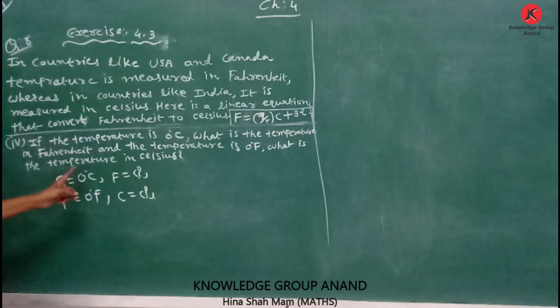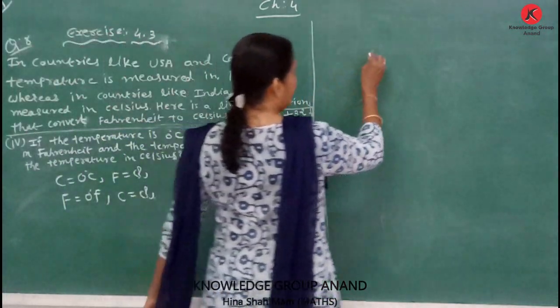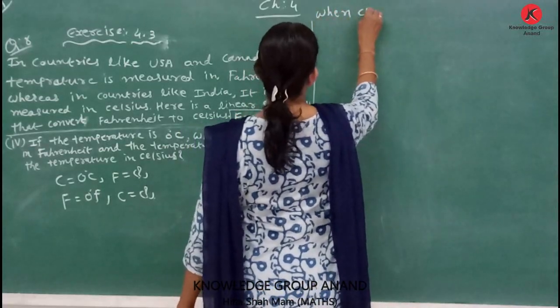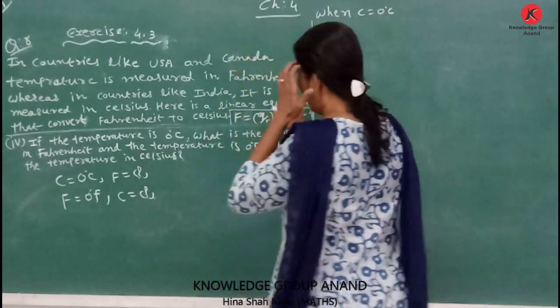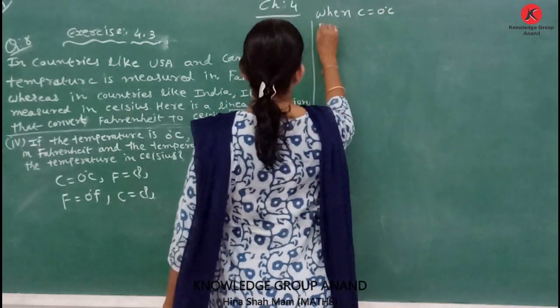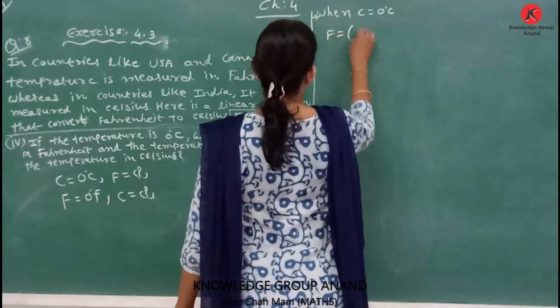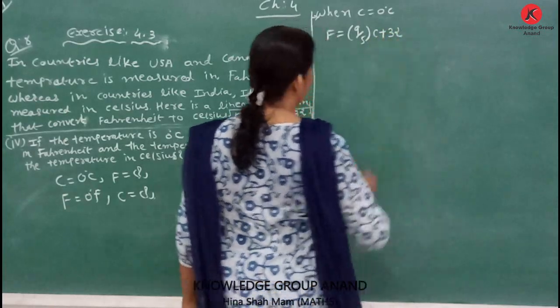In the first, when C is equal to 0 degrees Celsius, our equation is F is equal to 9 by 5 C plus 32.